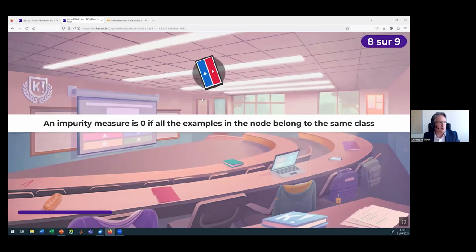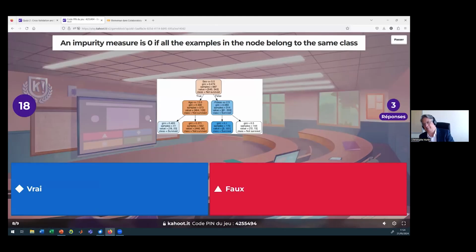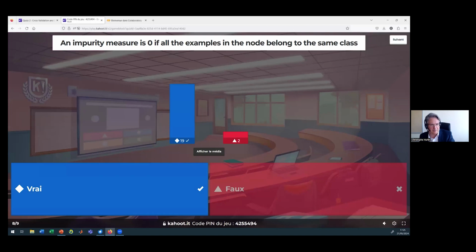True or false? An impurity measure is 0 if all the examples in the node belong to the same class. Great. In general, the minimum value of the impurity measure is equal to 0.